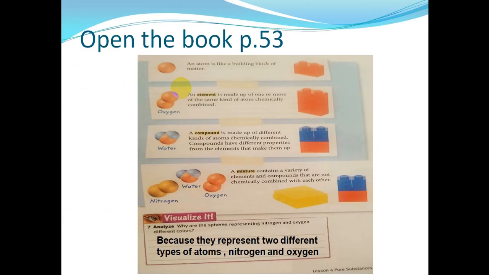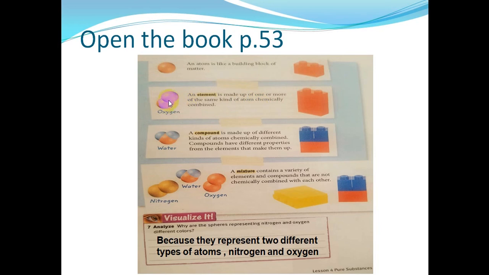Also in the book, page 53. Here we have the three types of matter: elements, compounds, and mixtures, and we will see the difference between them. In the first picture, an atom is like a building block of matter. This is the atom, and as we said, it's like one block. When two atoms of the same kind come together, we call this an element. So an element is made up of one or more of the same kind of atoms.